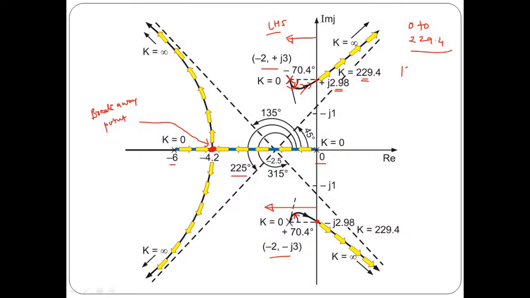The moment you put k equals to 229.4, the system is said to be marginally stable. That means you are at this particular point followed by this particular point. And the moment you increase the value of gain k from 229.4 onwards, the poles are on the right hand side of the imaginary axis, and the system is said to be unstable. This is very important.